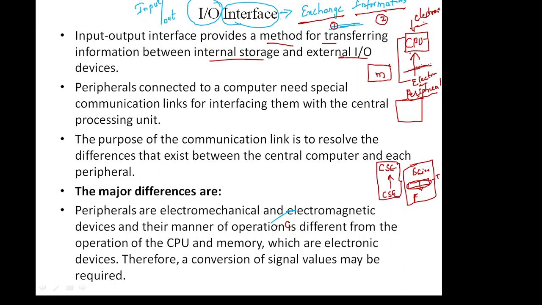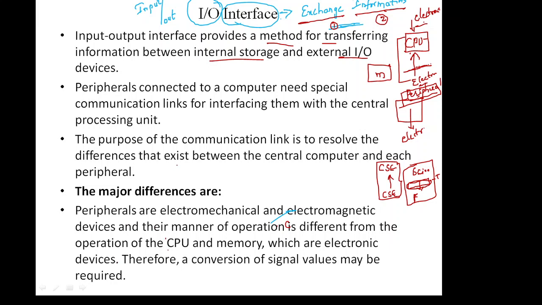in order to change the signals. But when we talk about peripheral devices, which type are these peripheral devices? These are electromechanical or electromagnetic devices. Here I have written it.